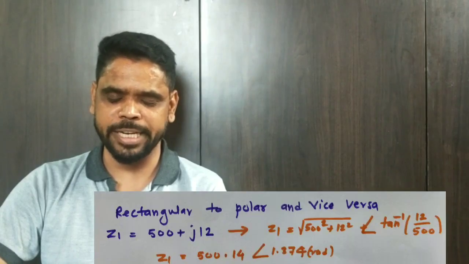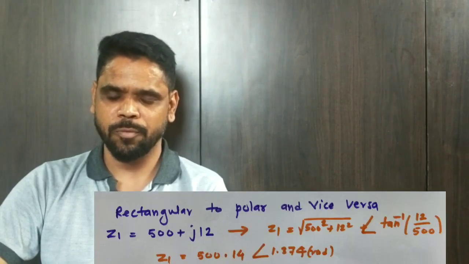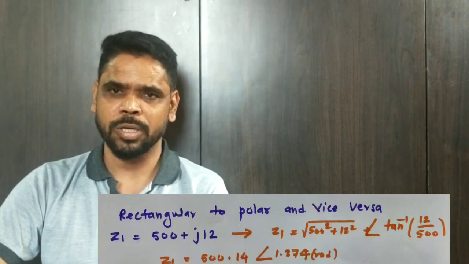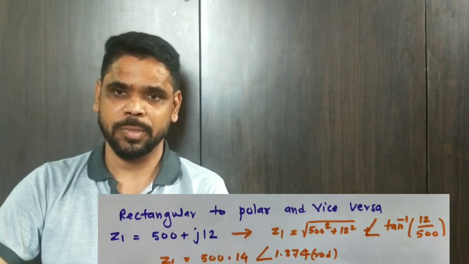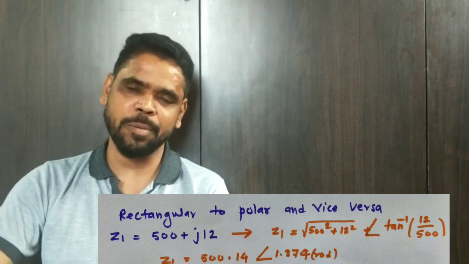Here the imaginary part is 12, the real part is 500, and the impedance in polar form is 500.14, which is the square root value, and the angle is tan inverse, which is 1.374. The angle is in radians. The angle obtained might be either in radians or in degrees. It depends on the mode in which you operate your calculator.